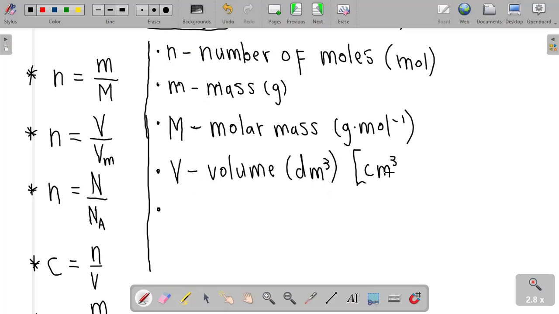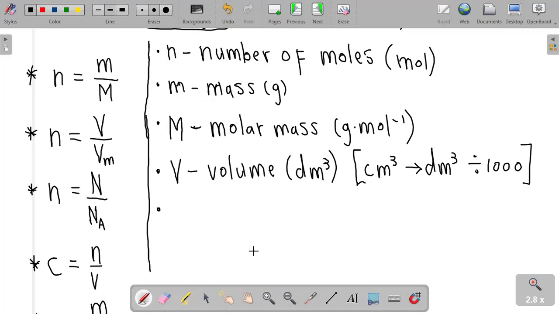Okay, the cubic centimeter should be converted to cubic decimeters. How do we do that? We divide by 1,000. So we divide by 1,000 if we want to go from cubic centimeter to cubic decimeter. Okay, so the unit conversion is very important here. We should know how to convert from one unit to the other.